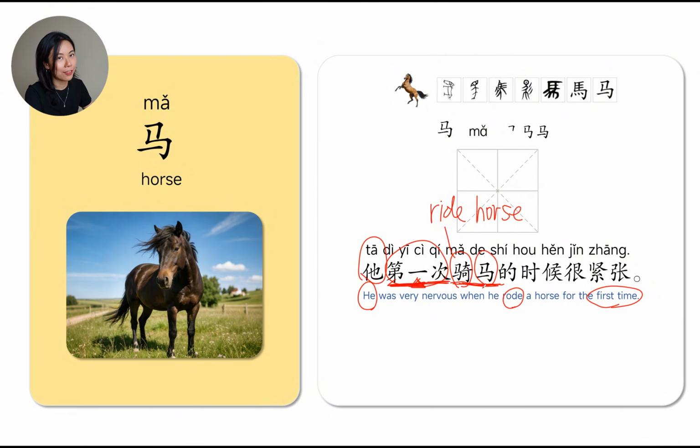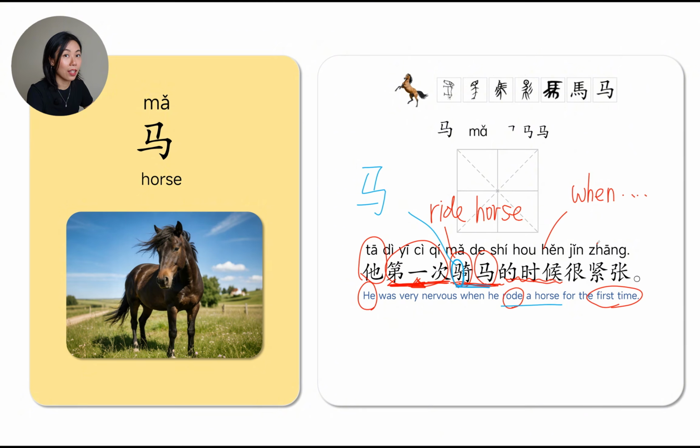And I believe you've already noticed that on the left side of the 骑, it has the horse radical, right? So the horse radical is related to animals like horse, donkey, and also related to behavior involving horses, like to ride. So 骑马 is to ride the horse. 的时候 means when.